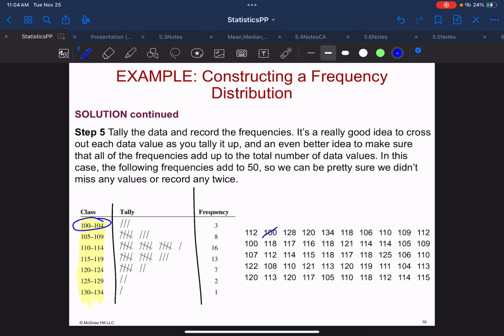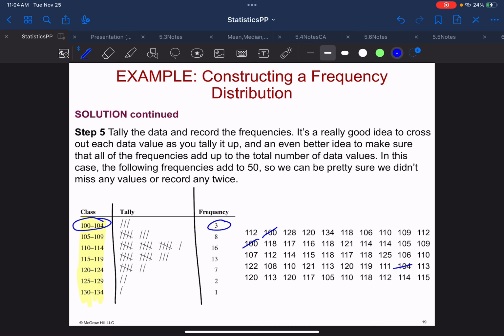So I have 100, another 100, I have another one, 104 right there. So that is 3. So you see the 3 tally marks and the number 3 here.